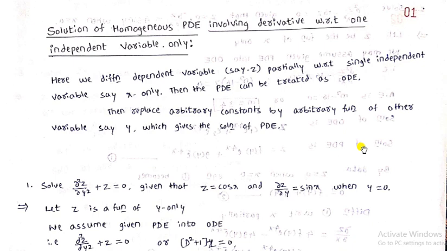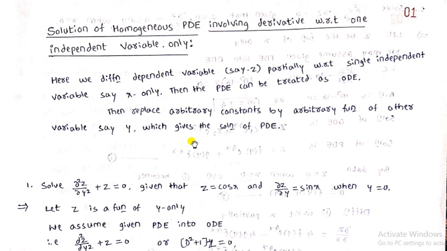So the third concept is the solution of a homogeneous partial differential equation involving derivative with respect to one independent variable only. Here the dependent variable z contains either x or y as the independent variable, but not both.